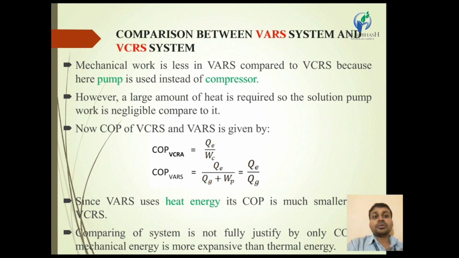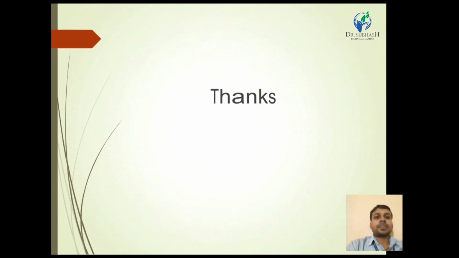The VAR system also gives only a small temperature drop, considered as 5 degrees centigrade maximum, while the VCR system gives a much larger temperature drop, down to about minus 200 degrees centigrade. Comparing these systems is not fully justified by COP, as mechanical energy is more expensive than thermal energy. Okay, thank you.